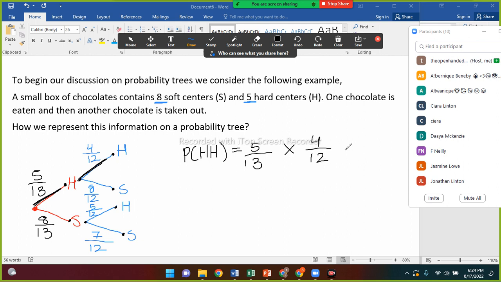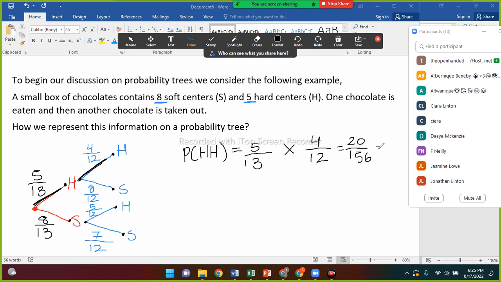Okay. 5 times 4 is 20. 12 times 13 is what? 156. Very good. 156.